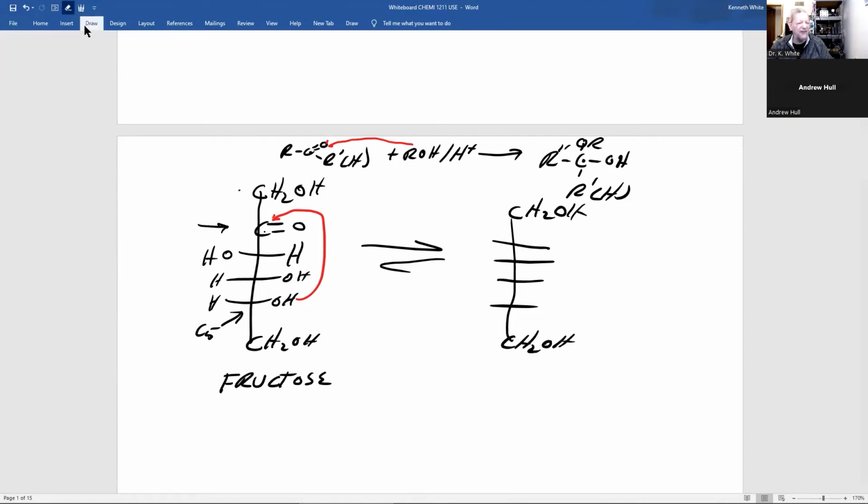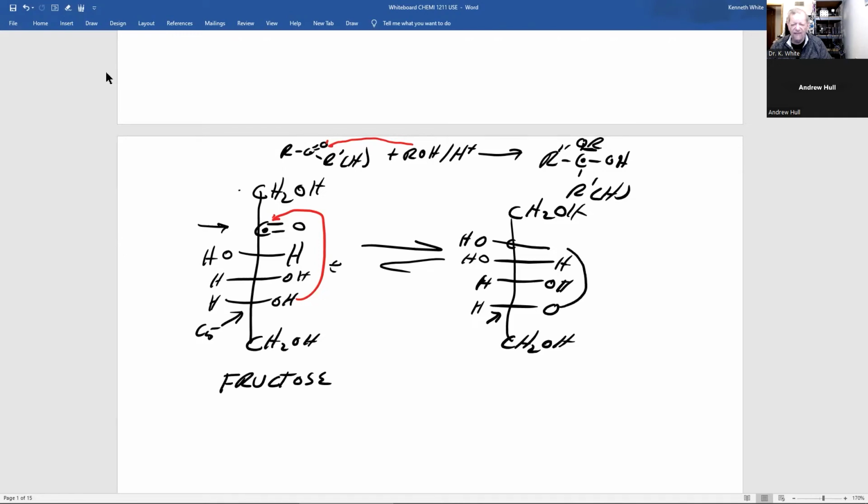I'm starting to draw the structure of the wrong sugar. Now, this carbon right here becomes this carbon, and it has OH on there, and then this OR, which comes from this carbon, which you see reacting in the red here.